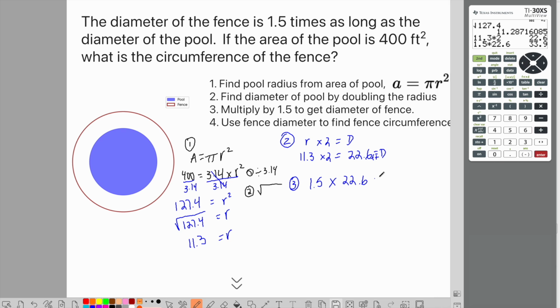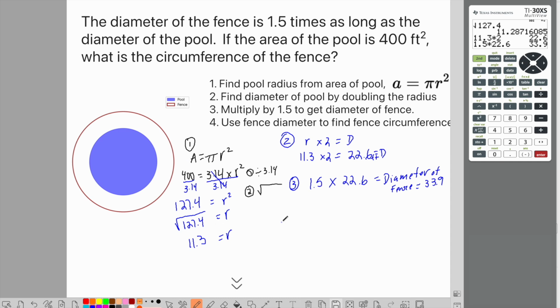That's equal to the diameter of the fence. Okay, diameter of fence equals 33.9. All right, now the question is, what is the circumference of the fence?